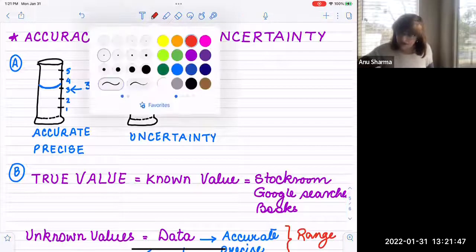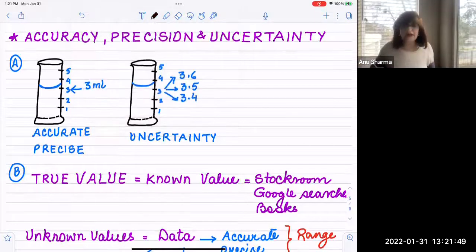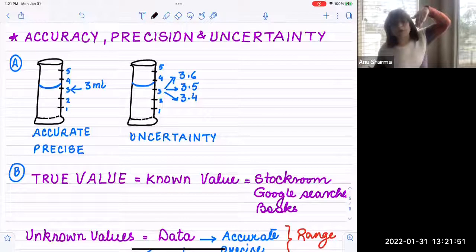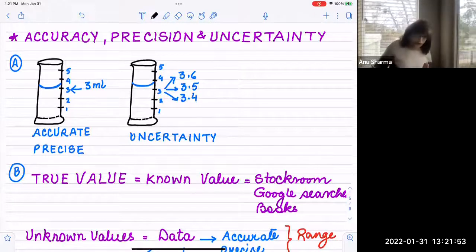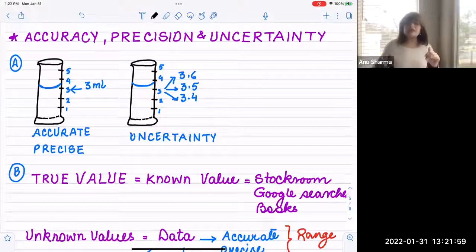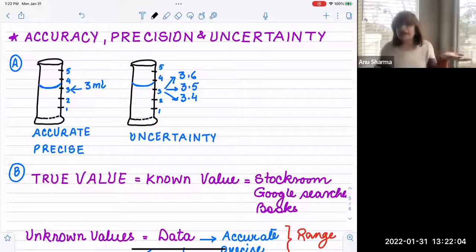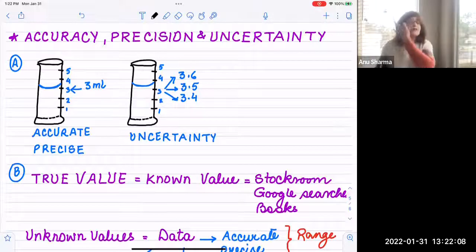But there is a difference. Tall people can look at the number from the top. A short person can look at the number on the apparatus from the bottom. And a person of middle height is going to look at it maybe at eye level. So the problem here is, who is right?